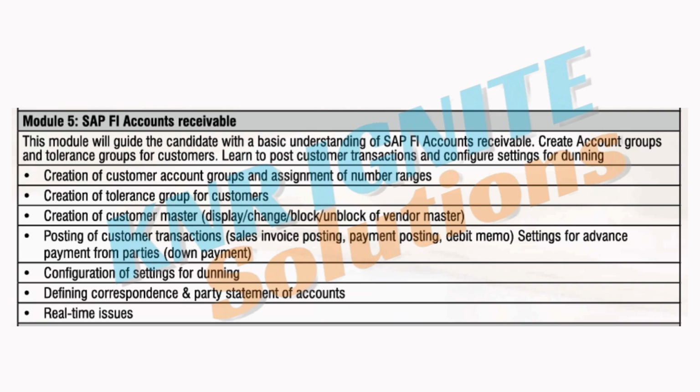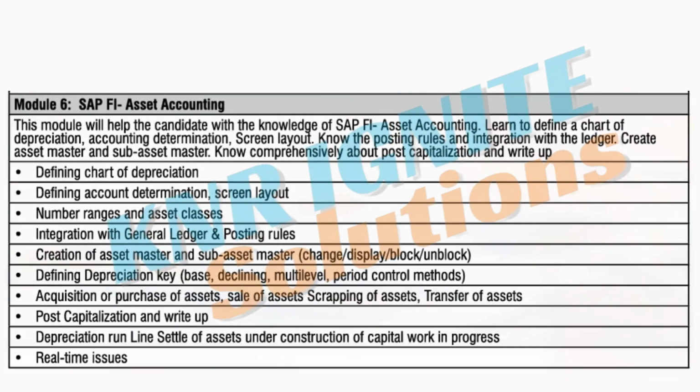Moving on to the next module, you will see FI asset accounting here, where asset accounting itself is a separate submodule in FICO, where you will be dealing with all the fixed assets. We'll start configuring the chart of depreciation and define account determinations with the screen layouts, number ranges for asset classes, and integration with GL and posting rules, and also creation of asset masters and sub-masters.